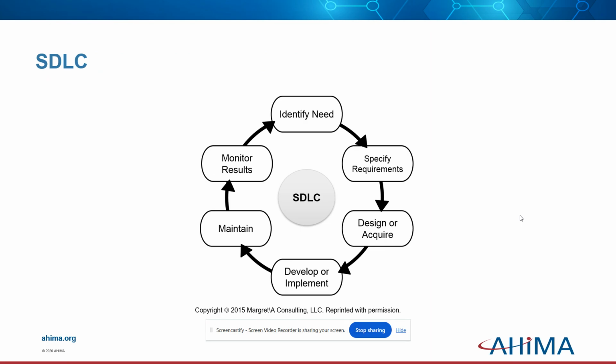Ultimately, we have to develop it, create it, and then put it into practice or implement it. We maintain it, and then we monitor those results. Again, if we see that we are no longer reaching the results that we prefer or that we need, we then start to identify the need again.